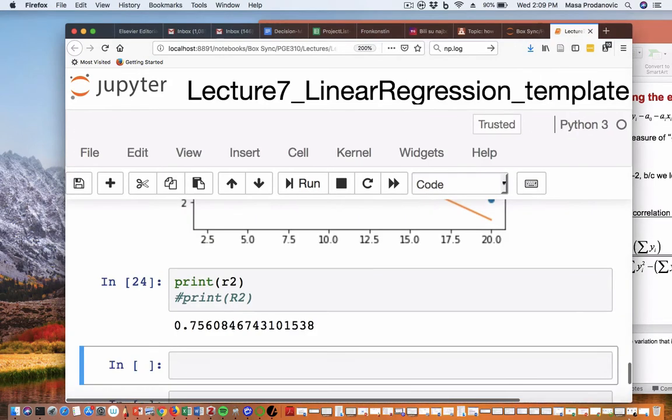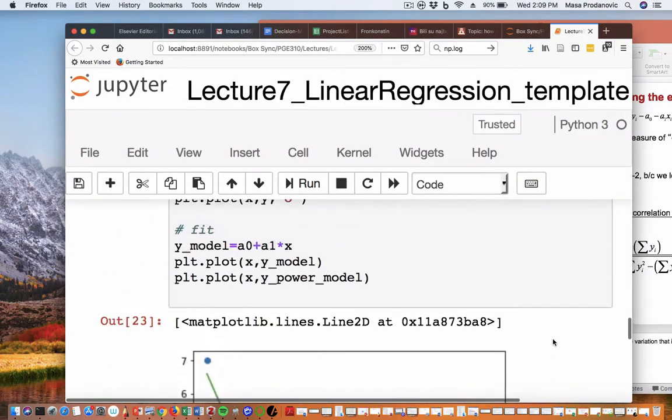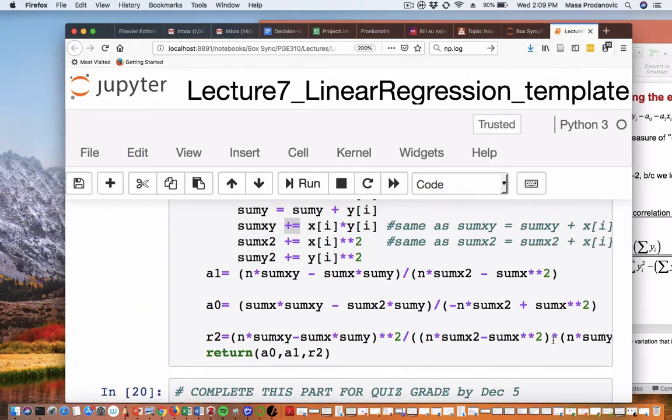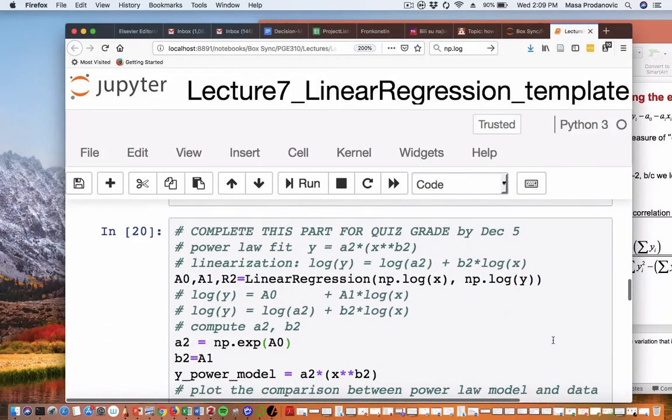Now, I asked you to do a power law fit because we obviously have some curviness to the data, so some sort of a curved function would do better, and power laws typically fall into that category.